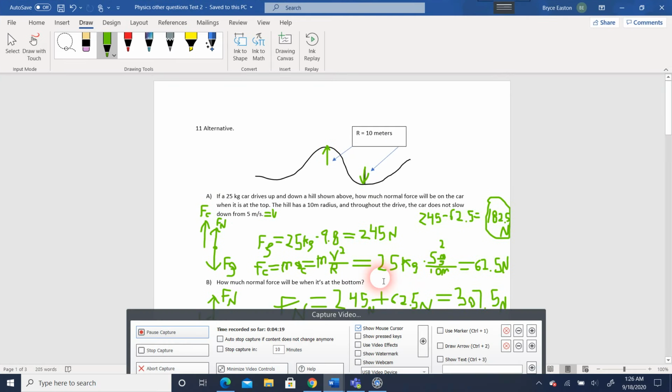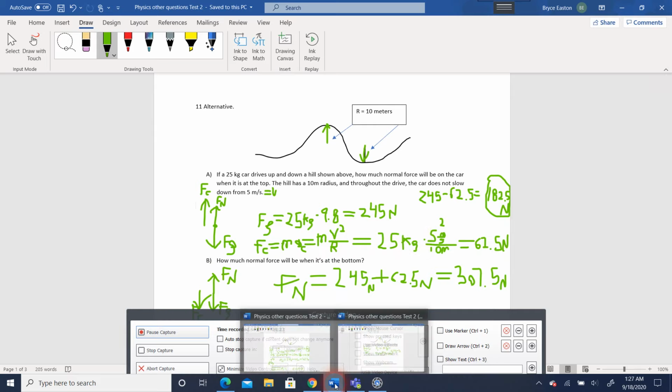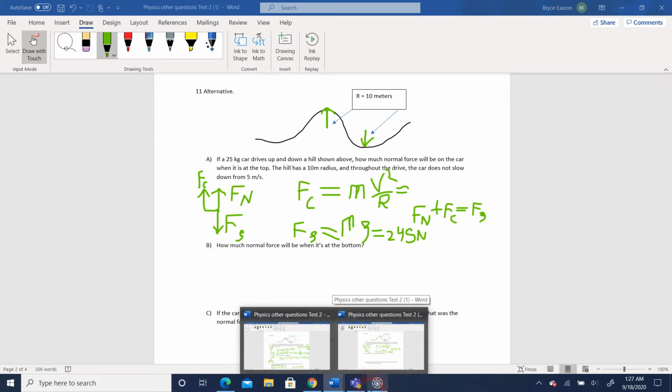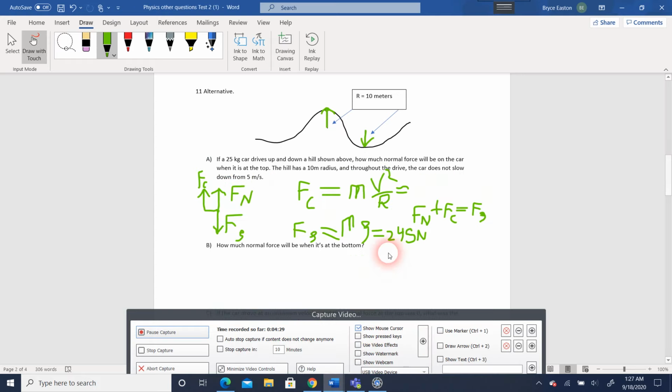All I'm doing here is plugging in the numbers. Fc is going to be equal to 62.5.